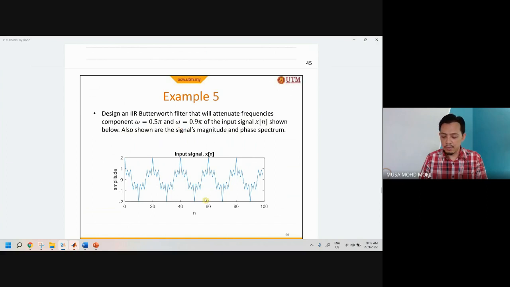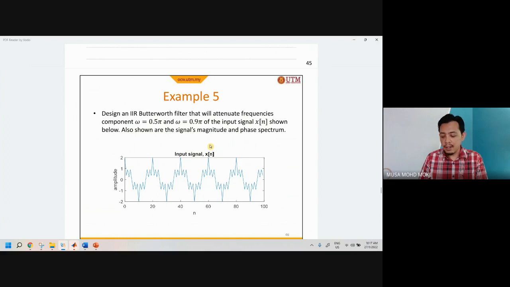Hopefully you do not get confused, because you have already been introduced to five types of frequency. The original frequency is in hertz, denoted as capital F, and that one is for continuous time. We also have angular frequency, capital omega, which is also for continuous time. For discrete time, we have angular frequency, which is omega, and then a normalized frequency, denoted as small f.